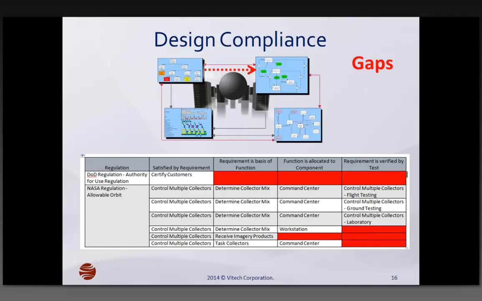And in fact, what this is pointing to is missing relationships or missing design artifacts. This type of design compliance, this type of traceability report, is used to ensure that your design covers all of the requirements and regulations that are necessary. And as you can see, it's very easy by looking at the gaps, which ones are missing.